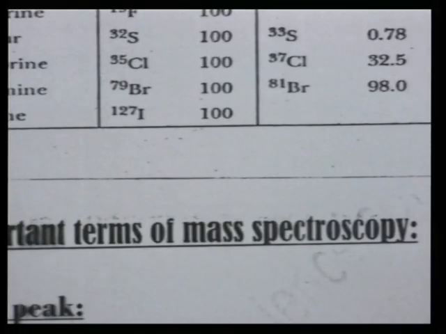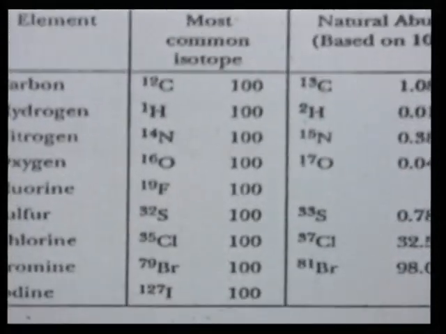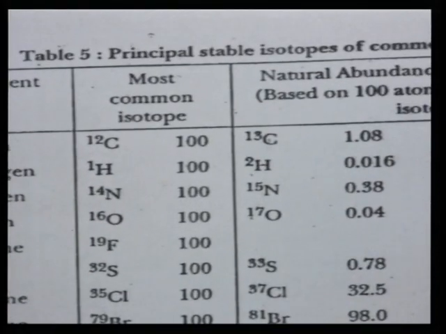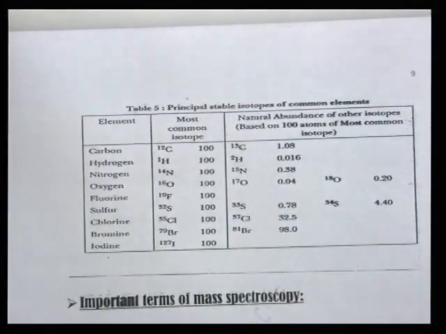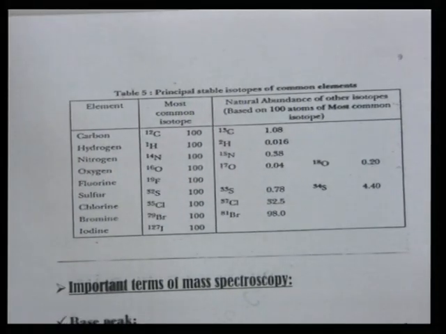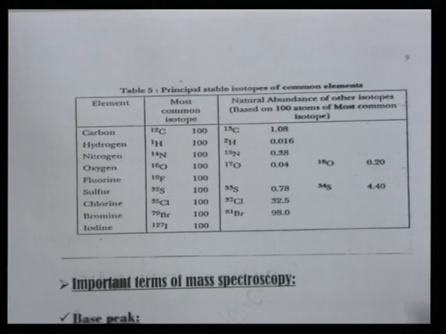Now, this table shows the isotopic abundance of different elements. So, the natural abundance of other isotopes based on 100 atoms of the most common isotope.